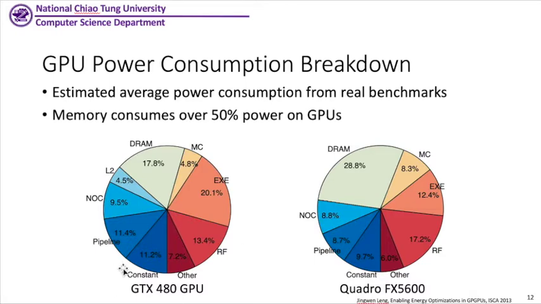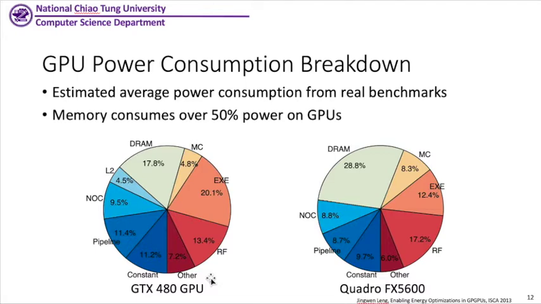In these pie charts, we can see that in the GTX 480, the functional execution units consume more power than the others, because of the increased functional units and SIMD width in the GTX 480 GPU. Furthermore, the GTX 480 has a large register file, but the total power consumption of the GTX 480 increases more than the register file does.